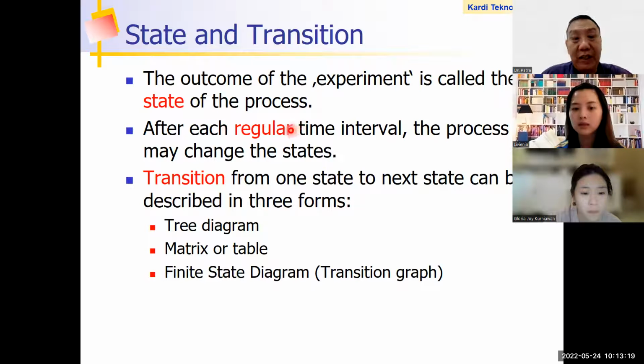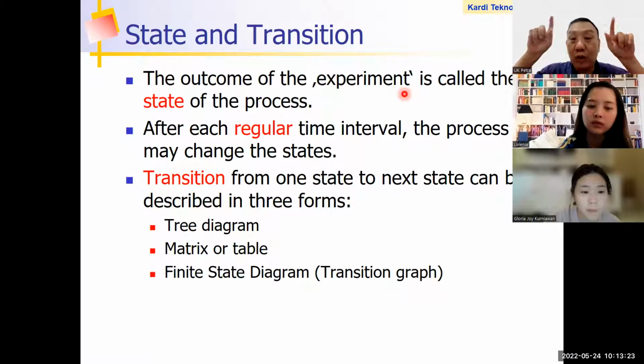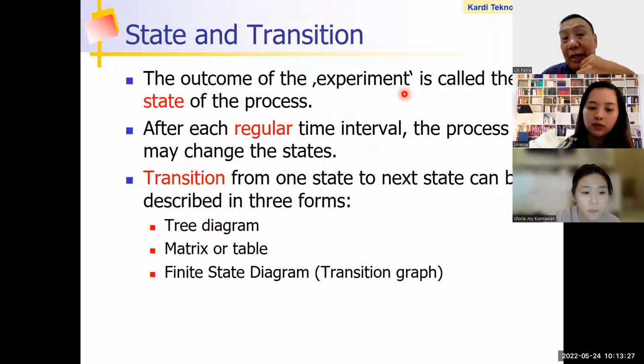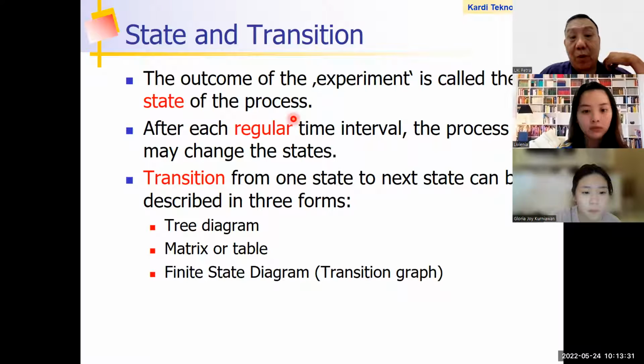Now terminology first. The outcome of the experiment. I put quotes around experiment, because this is practically a numerical experiment. The outcome of that experiment is called the state of the process.